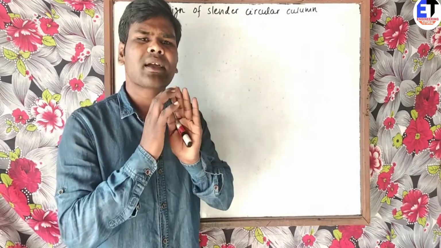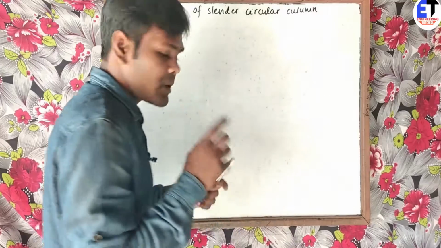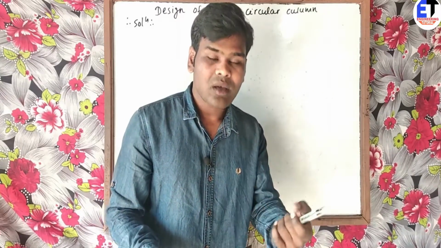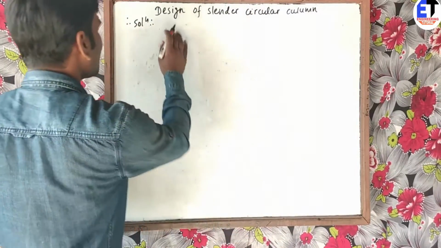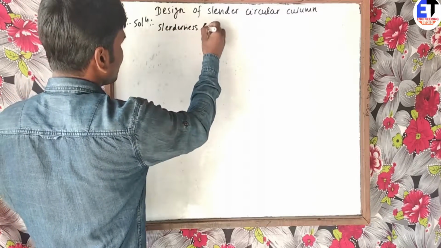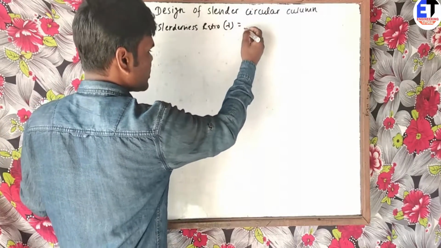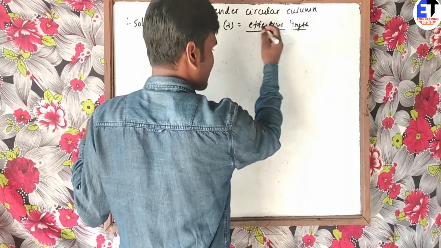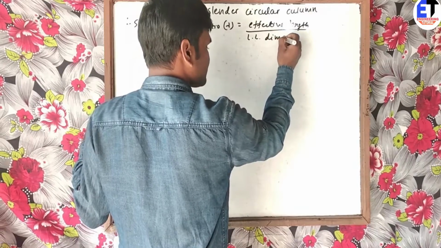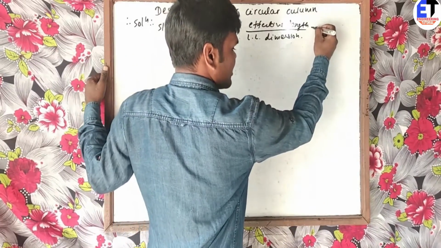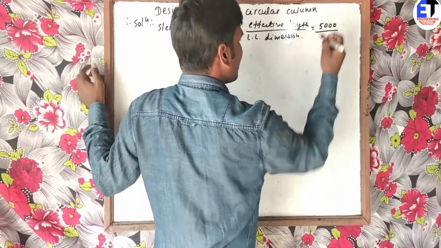First of all, we calculate the slenderness ratio, which determines whether the column is short or slender. Slenderness ratio lambda is equal to effective length divided by least lateral dimension, which is 5000 divided by 400, since the diameter is the only lateral dimension.